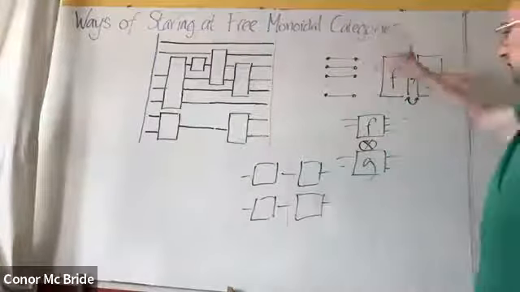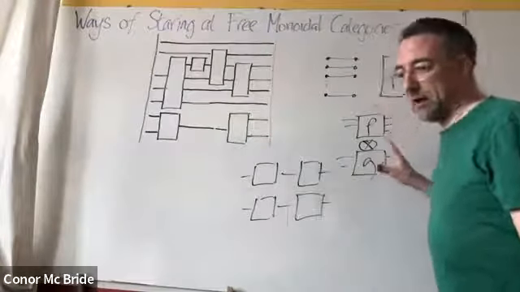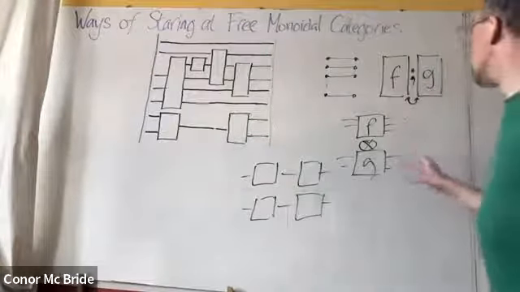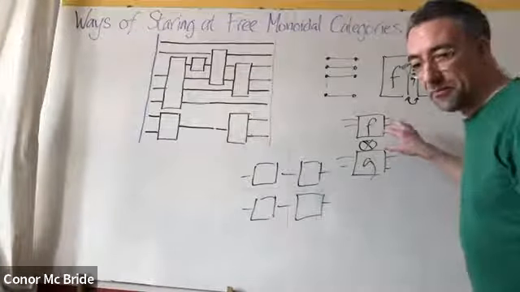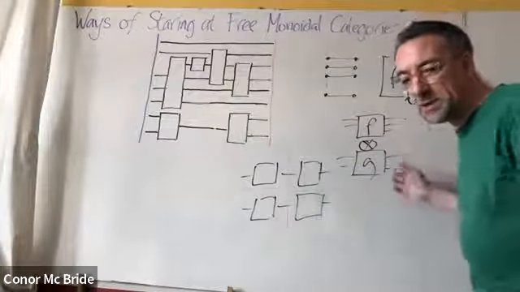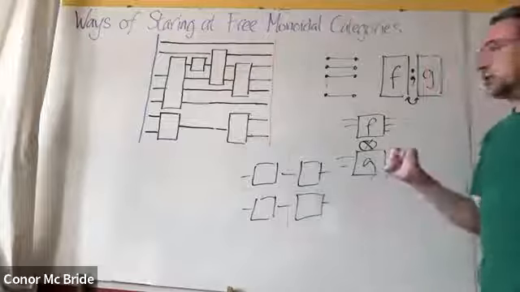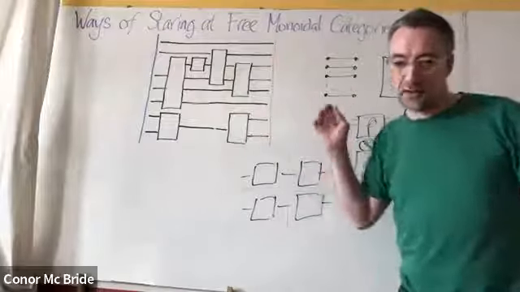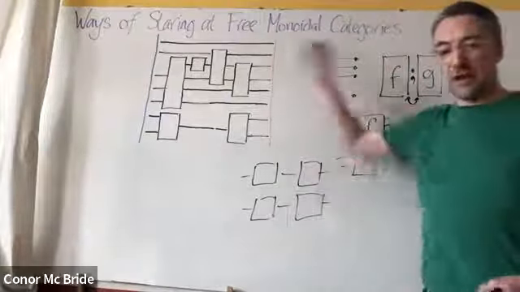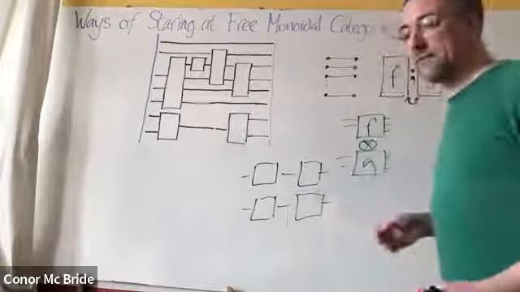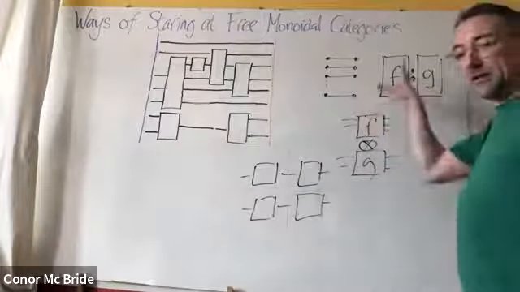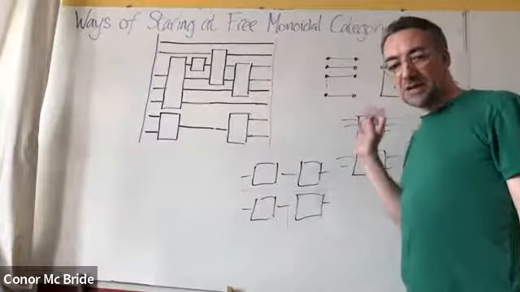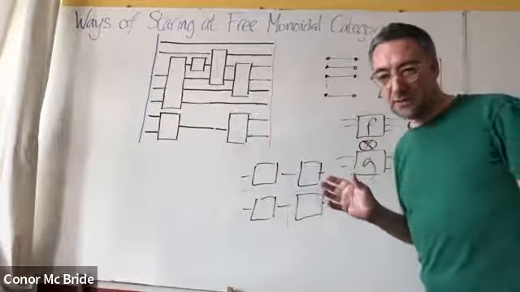There's loads of redundancy in how you can use the basic operators of monoidal categories to represent any given string diagram. So if you're trying to solve this problem by fooling about with the syntax, you've got your work cut out.